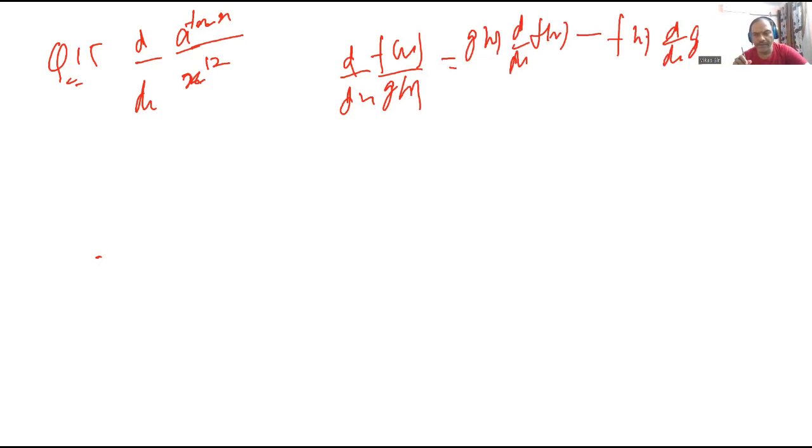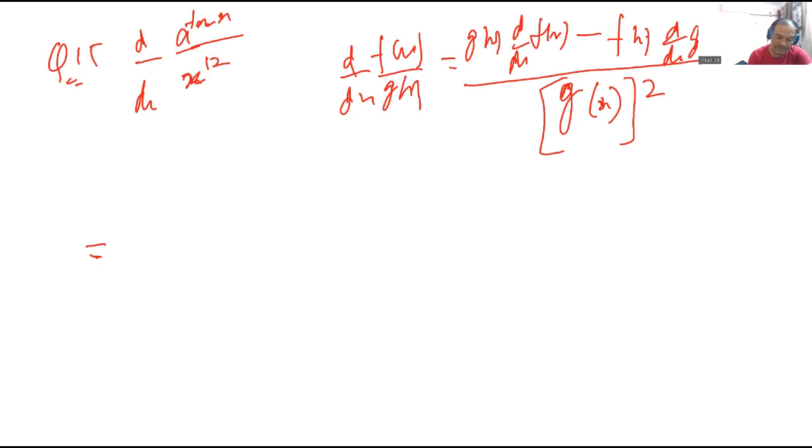Okay, clear? Now here what else you can do? You can put here gx whole square. This is gx d by dx of fx minus fx times d by dx of gx over gx whole square.